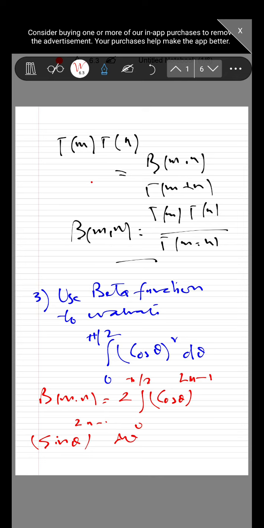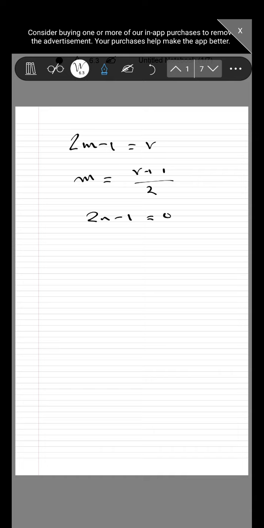So here we will put 2m-1 equal to r, so that makes m equal to (r+1)/2, and 2n-1 equal to 0, so that makes n equal to 1/2.